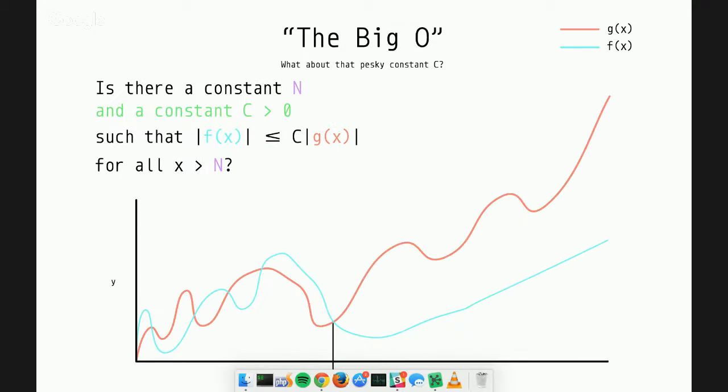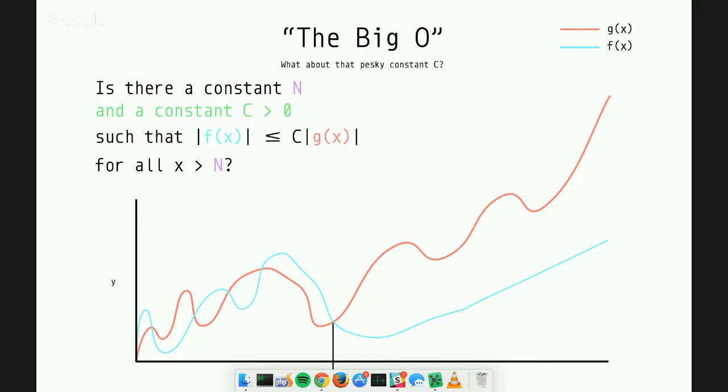Oop, sorry. So let's talk about that constant. It's pretty easy to see in this graph that at this point, everything after here is less than everything after here. Like f of x is less than or equal to g of x after this point. But why do we even need that constant?